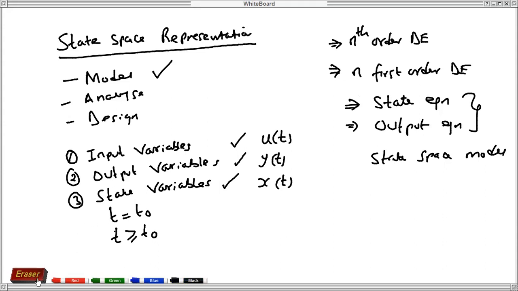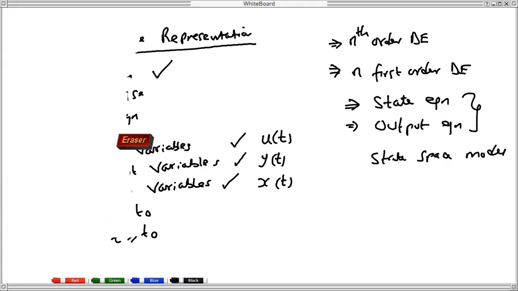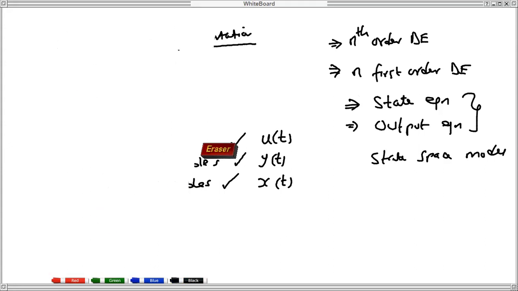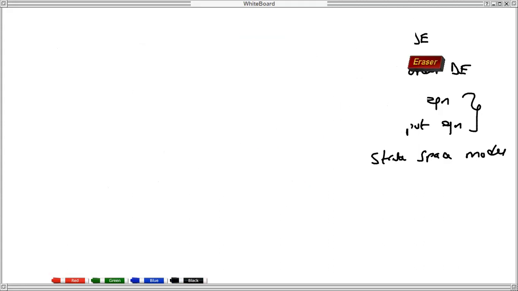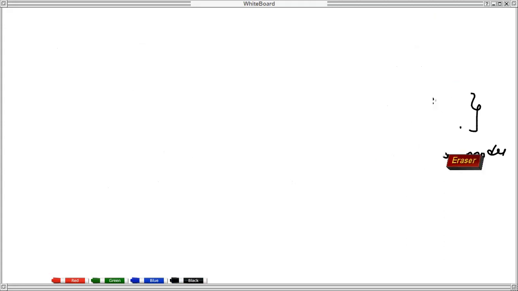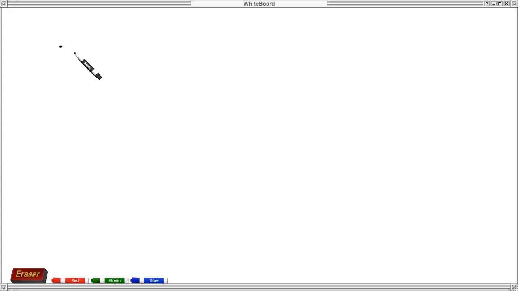Any given control system can be represented in terms of its state equation and output equation in standard form as follows. The state equation involves the derivative of the states: x derivative of t is a function f of the states, the inputs, and time.